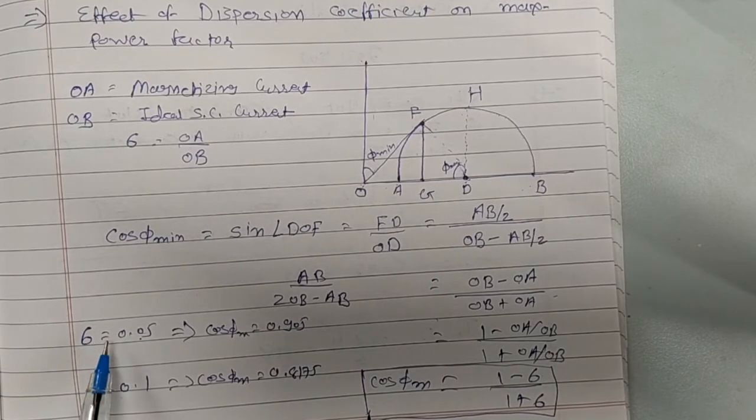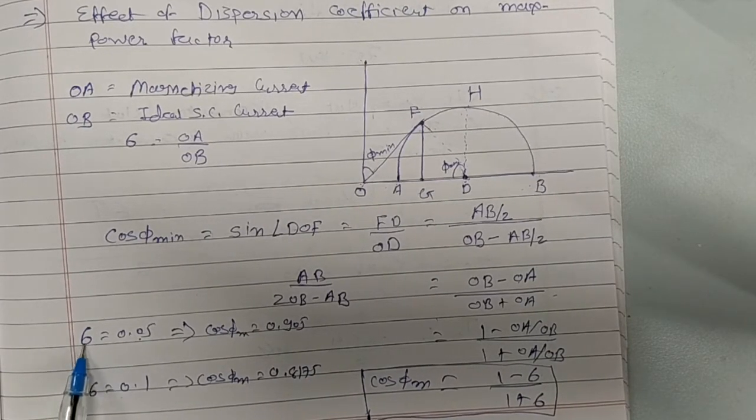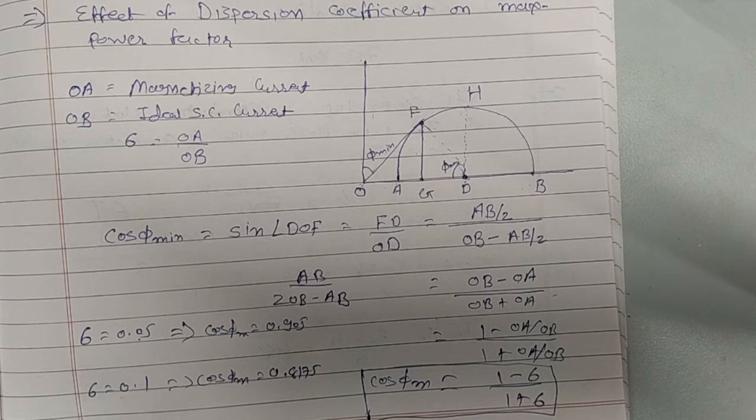So you can see that if you increase the dispersion coefficient from 0.05 to 0.1, your power factor decreases from 0.905 to 0.8175.